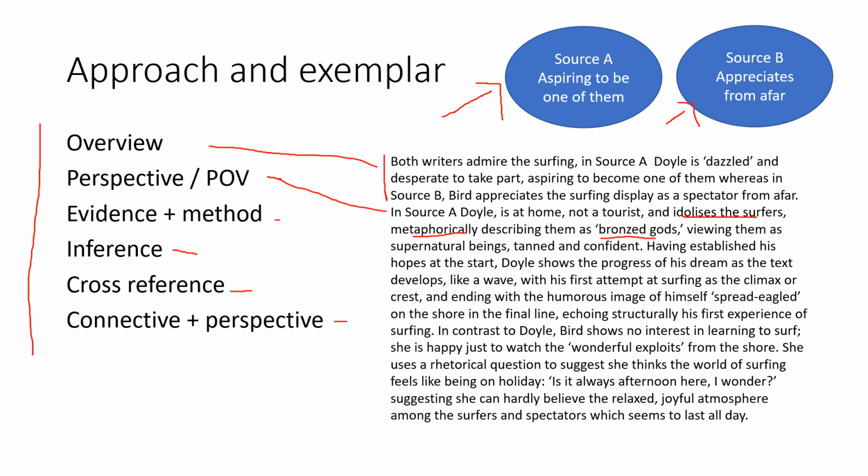Having established his hopes at the start, Doyle shows the progression of his dream as the text develops, like a wave, with his first attempt at surfing as the climax or the crest, and ending with the humorous image of himself spread-eagled on the shore in the final line, echoing structurally his first experience of surfing. So we can see here this chunk fulfils the evidence and method, the inference, and then we have a further cross-reference here. In contrast, we now move over to source B.